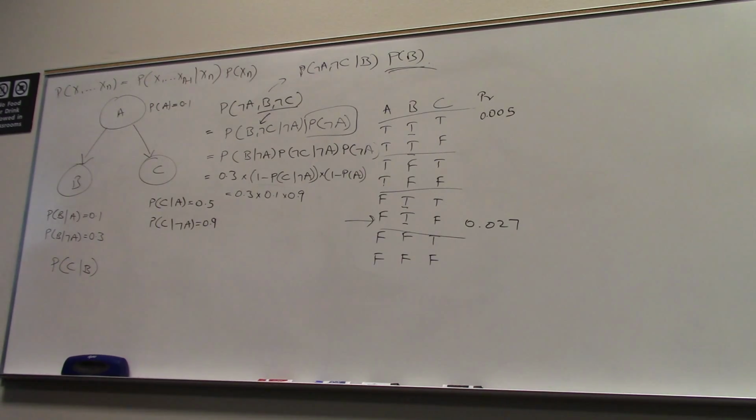Okay. This is the query. So how do we solve it? Well, first of all, we know that C doesn't depend upon B given A, but B depends upon A. When you say given A, do you mean A is supposed to be true, or given the probability of it?